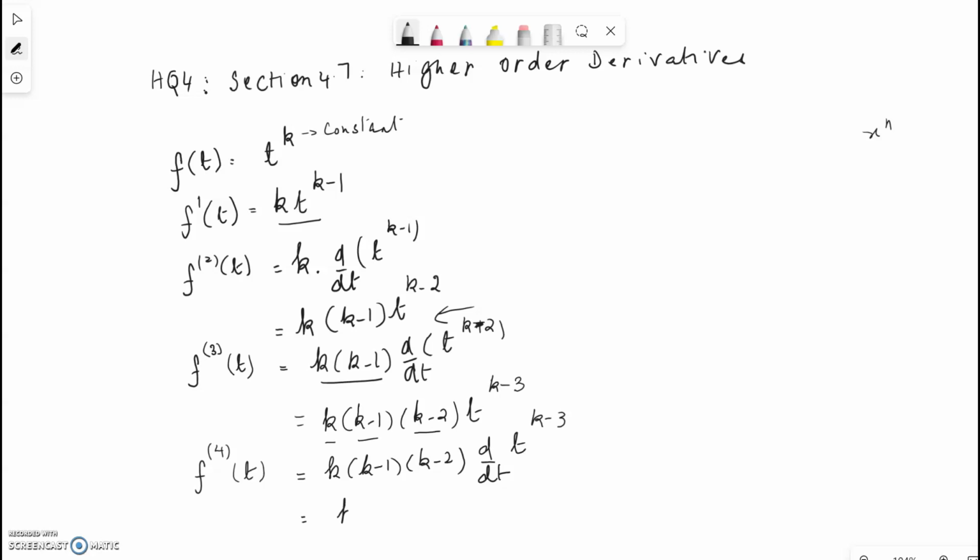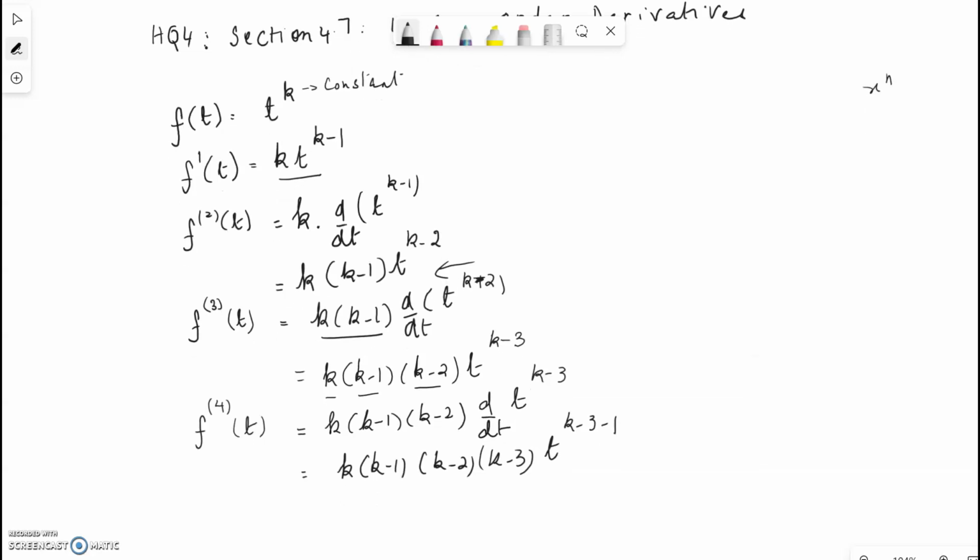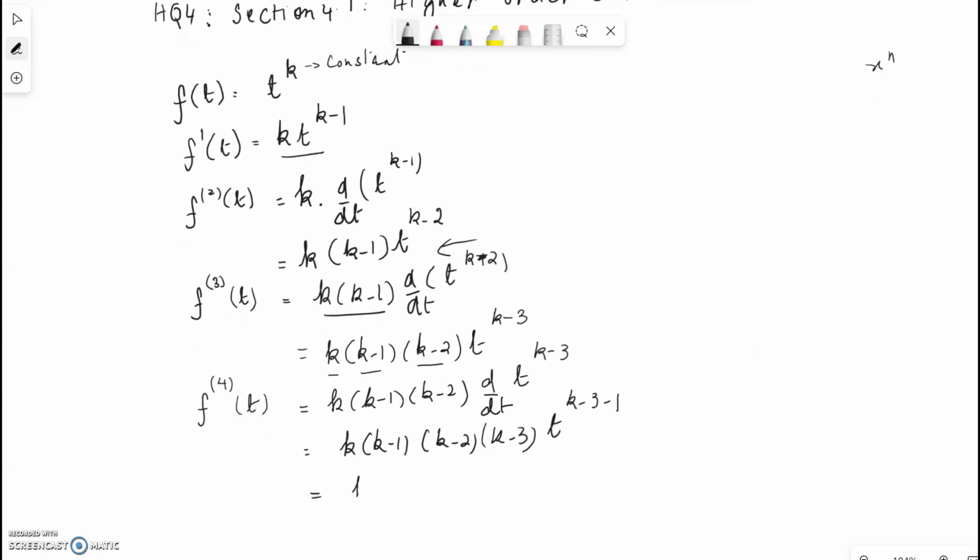So we have k times k minus 1 times k minus 2, d by dt of t to the k minus 3 is k minus 3 times t to the k minus 3 minus 1. So this is equal to k times k minus 1 times k minus 2 times k minus 3 t to the k minus 4. So now you can see the pattern emerging clearly.